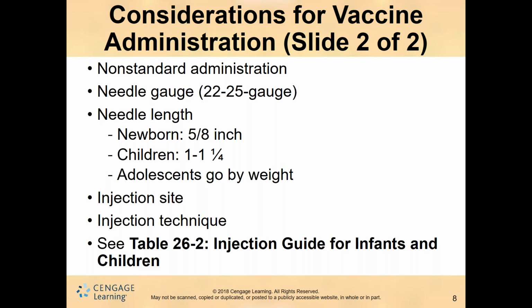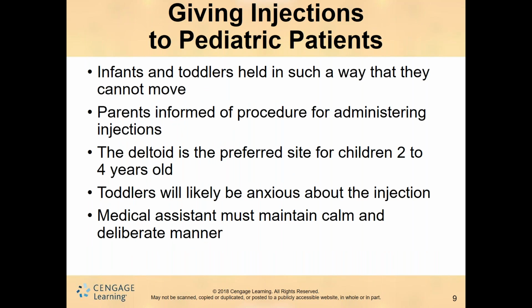And then the technique also, that's something that you need to be learning on the job, and working with your mentor on perfecting that technique. And then in your book there is an injection guide.